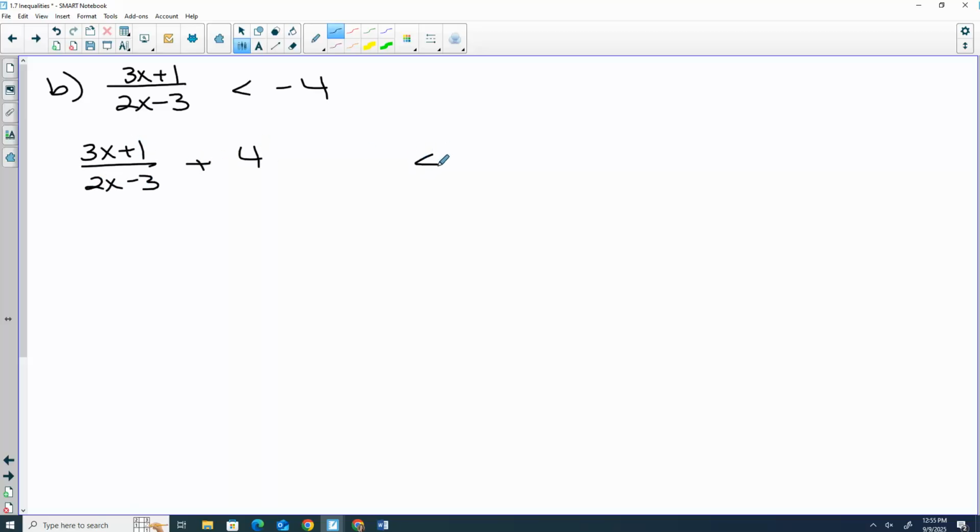Now, it's possible, like, could this have been a 4 over 2x minus 3 to begin with? Sure, in which case, you may not have to get a common denominator. Okay, but I'm giving you ones that don't have the common denominator already. So now this is like 4 over 1, so to get our common denominator, we'll multiply by 2x minus 3.